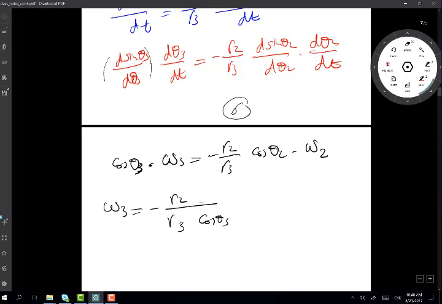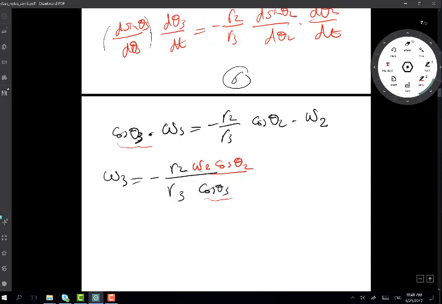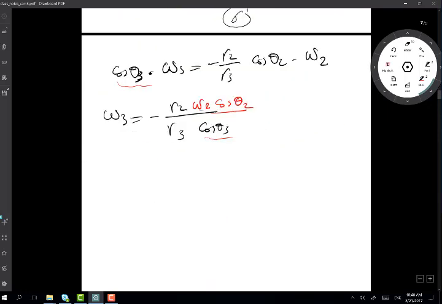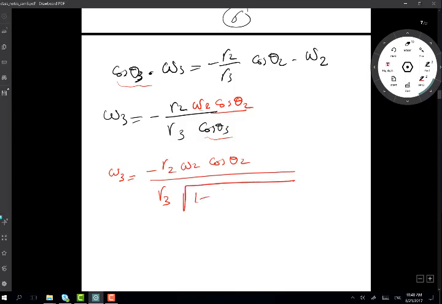I can now take this cosine theta 3 and plug it into my expression to have only theta 2 on this side of the equation. So omega 3 will be equal to minus r2 omega 2 cosine theta 2, divided by r3 times the square root of 1 minus (r2 over r3) squared sine squared theta 2.